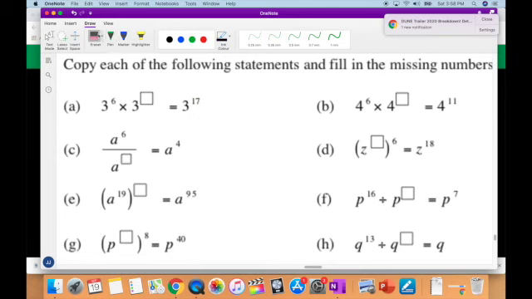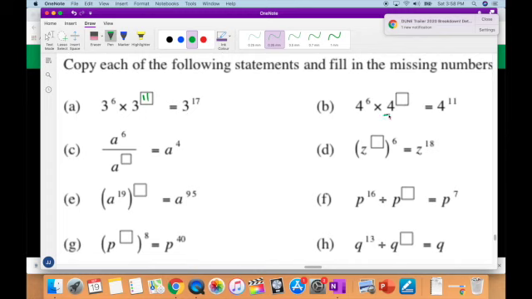So what you were actually doing here was algebra. 6 plus some number is 17. So therefore that number had to be 17 minus 6. So this entire question was actually on algebra: 11. So 6 plus 11 will give you 17, right?